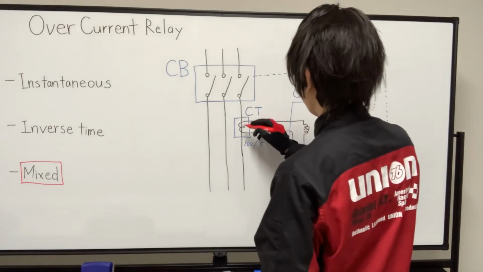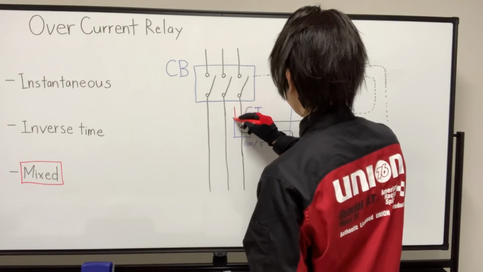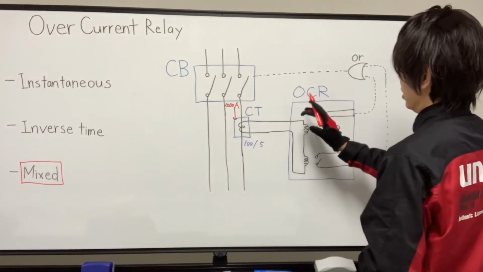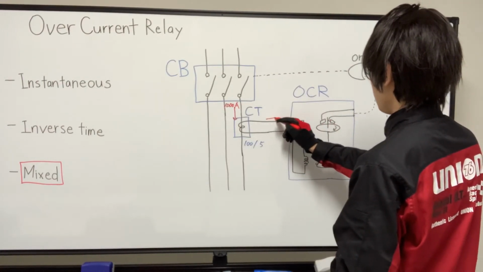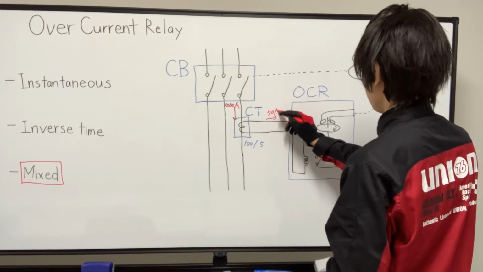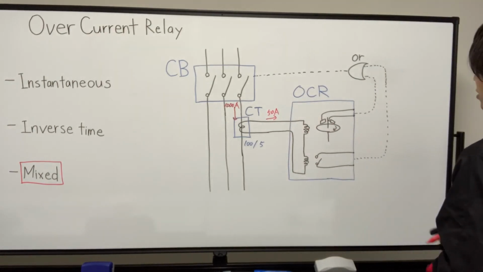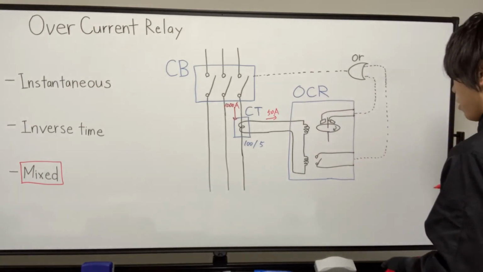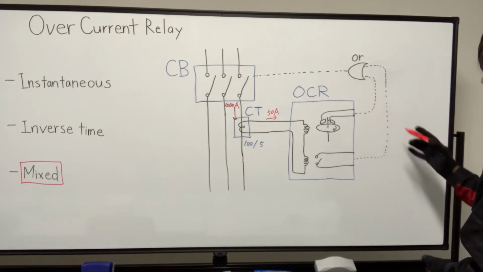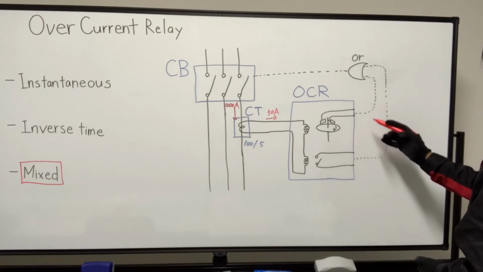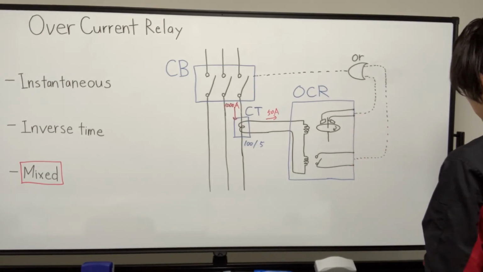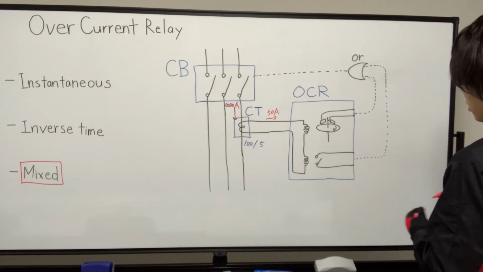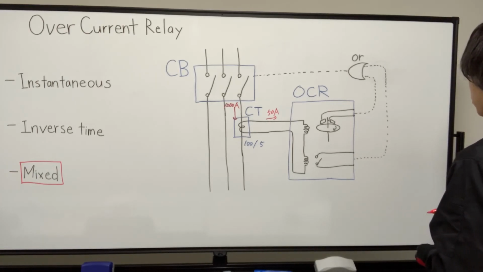So if the fault current is 1000 ampere, the secondary side is 50 ampere. 50 ampere will flow to the overcurrent relay. And this 50 ampere will be a trigger of the relay's operation, depending on the inverse and instantaneous characteristics, setting value, pickup value.